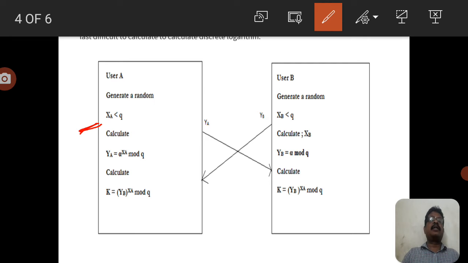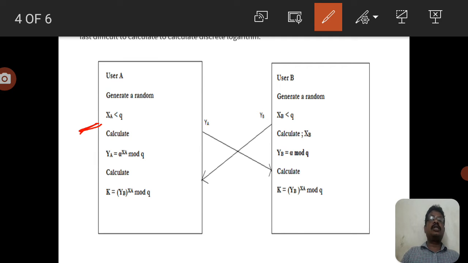XA is generated by user A. That means he selects a random integer, which is a private key. So the private key XA is selected by user A, and that value is less than Q. That is the condition of this Diffie-Hellman key exchange.